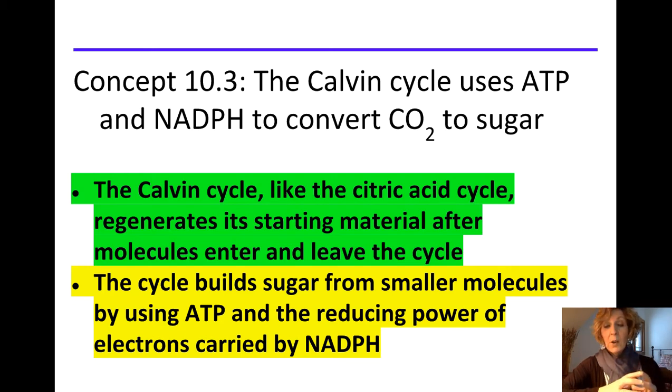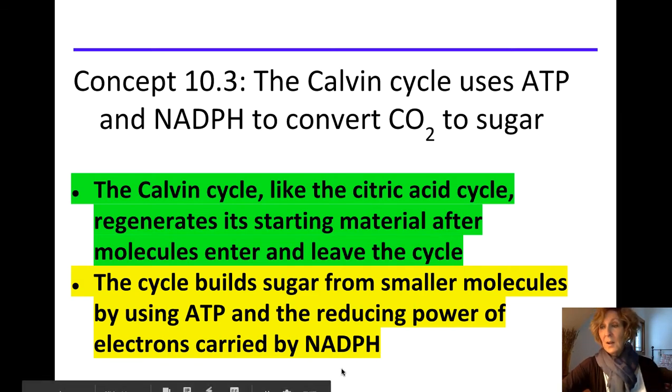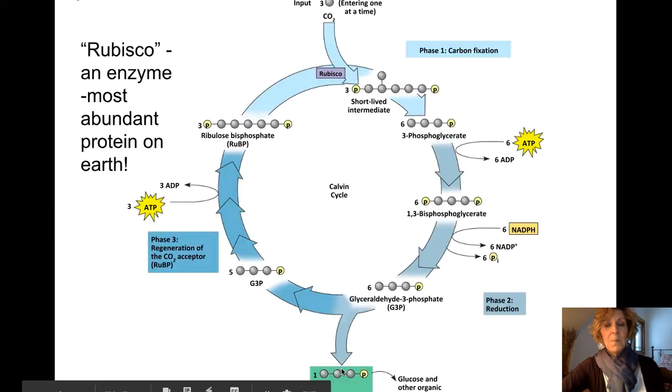This is going to require energy, and it's going to require some reducing power, some electrons. Remember, the cheat is to follow the hydrogens, right? That's going to come from the electrons that initially jumped off the chlorophyll and were replaced by the water and ends up on NADP, and it creates NADPH.